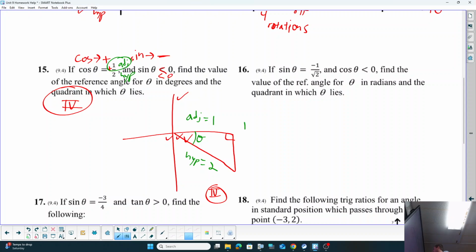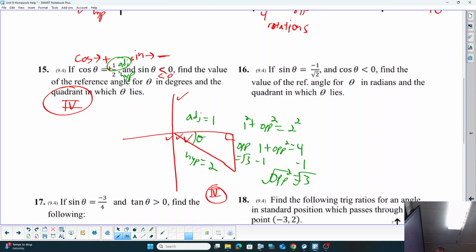Use the Pythagorean theorem: 1 squared plus the opposite side squared equals 2 squared. So 1 plus opposite squared is equal to 4. Minus 1 over, we get opposite side squared is equal to 3. Square root both sides, radical 3.